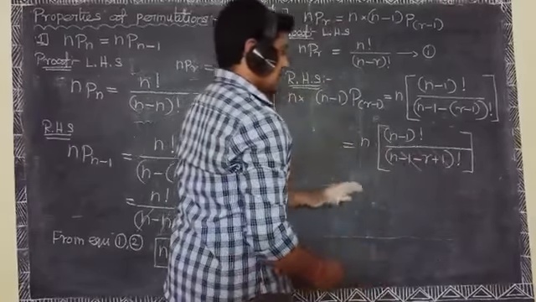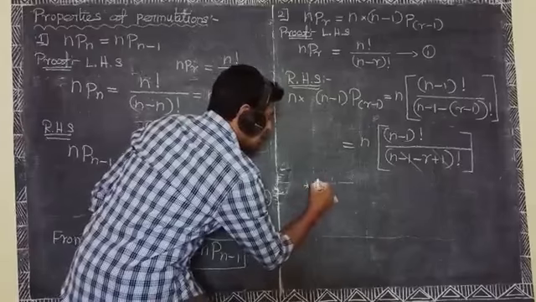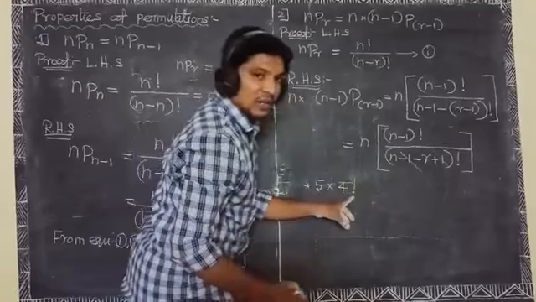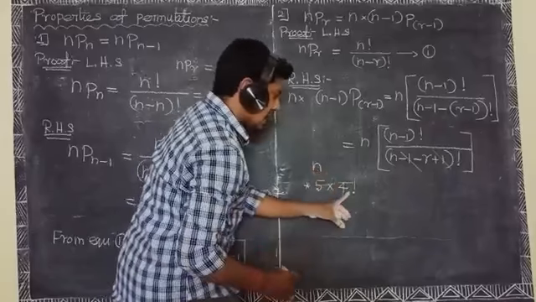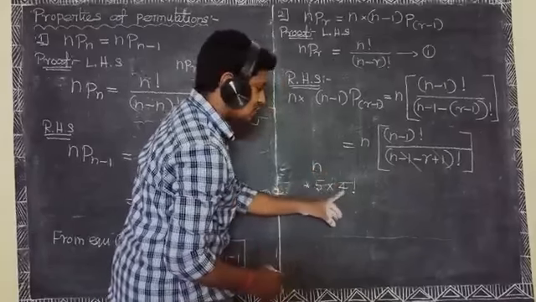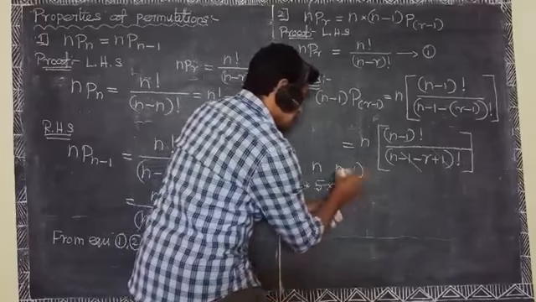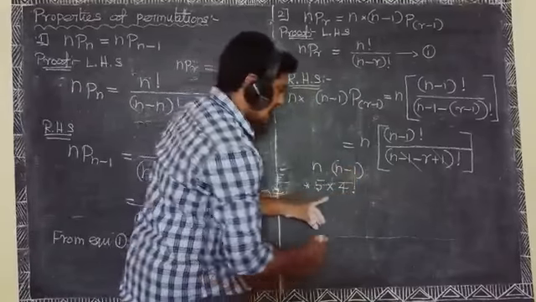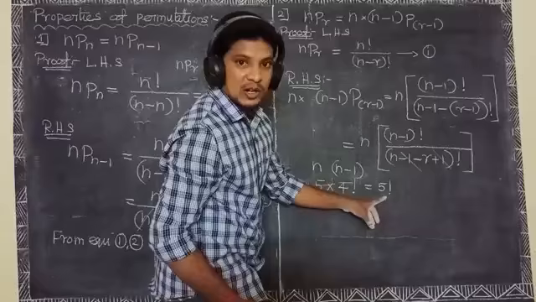Take one example, 5 into 4 factorial. Assume 5 means n. n equal to 5, and 4 we can rewrite as n minus 1. n into (n minus 1) factorial is equal to 5 factorial, isn't it?